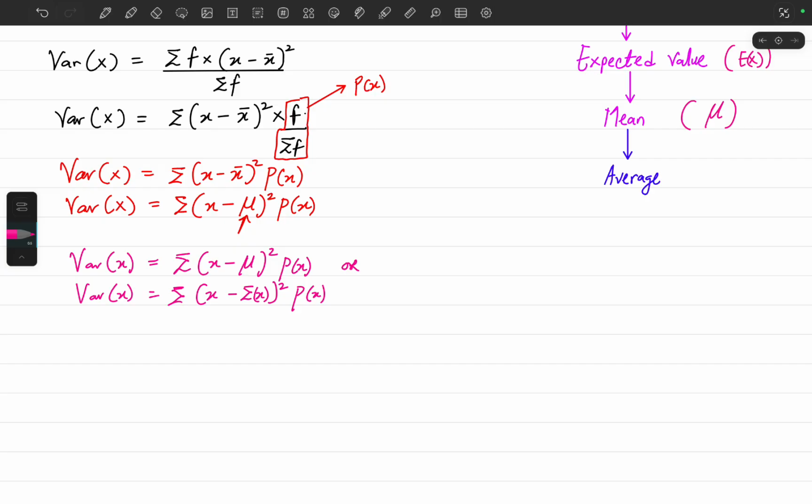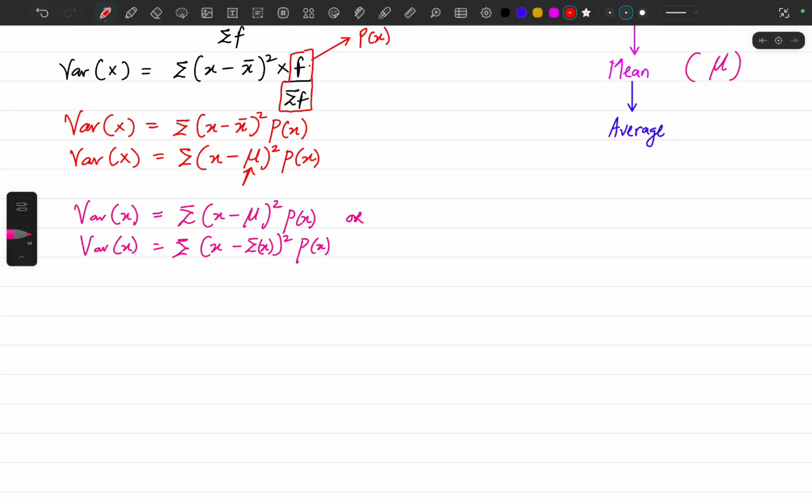This is variance, and this is how variance comes to play. That makes some sense? Now I can move on and talk about standard deviation.